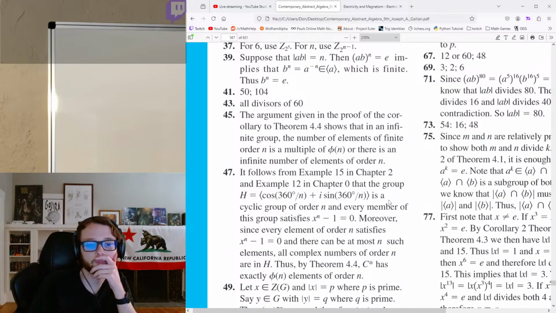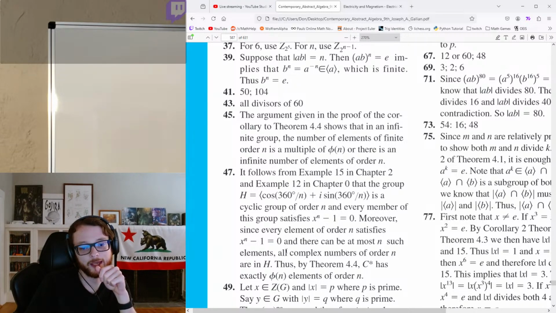I feel like the piece that I'm missing... I think I figured it out. Okay, so this H cyclic subgroup that is order n has exactly phi of n elements of order n because it's cyclic.